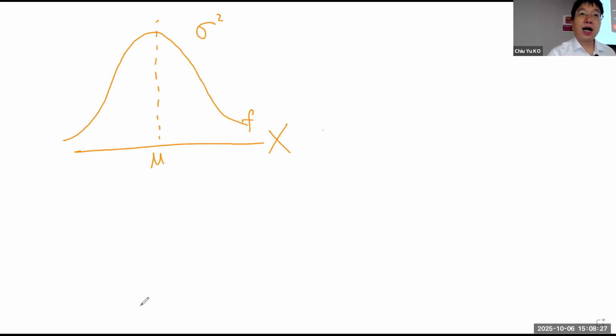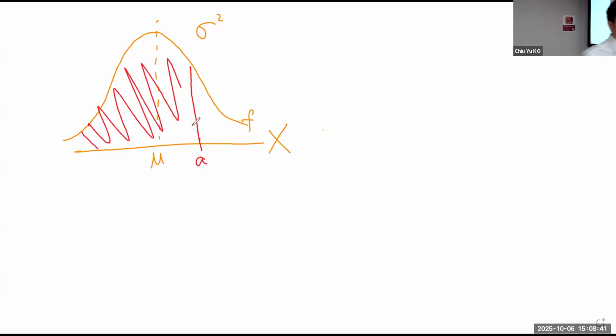Now consider the following. F gives us what? Probability, right? I pick a particular point here, I call it, say, A, whatever. And I can look at the area, this part. I want to look at the probability that X is less than A. And how to find it?